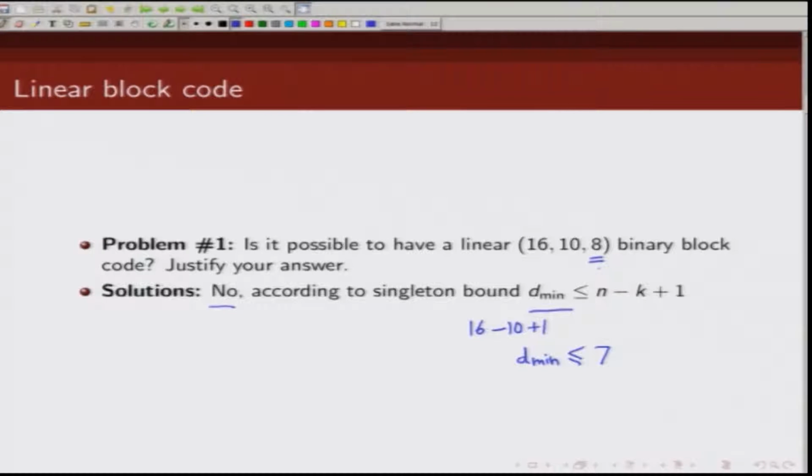That means it is not possible to have a linear code with these parameters. Please note, whenever such questions come, you will have to check whether all the bounds on minimum distance are satisfied or not.